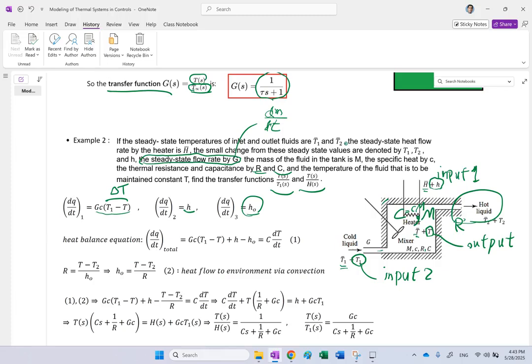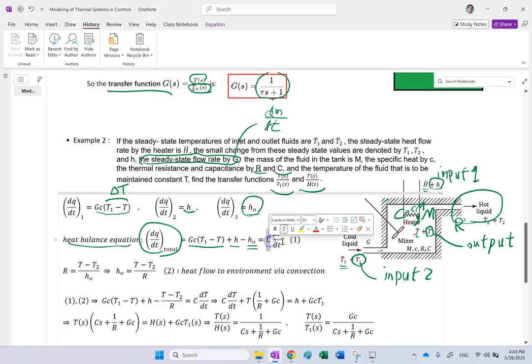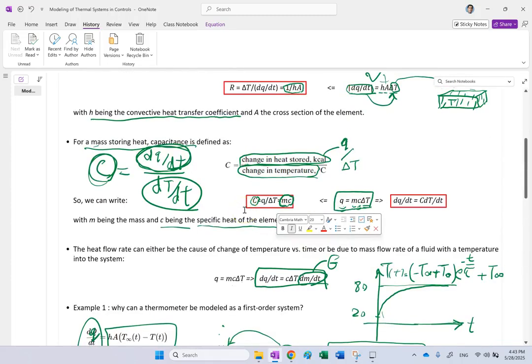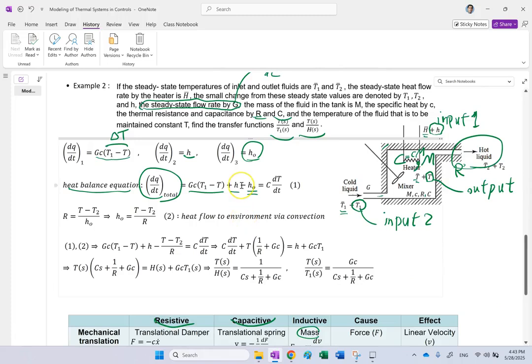So the total heat balance is the two heats in minus the heat out is equal to the total heat flux. And if you remember, the heat flux is equal to the capacitance of the system times the time derivative of temperature. And this is what we had over here by cross multiplying this, and that is exactly what we have down here. So this is my heat balance equation. Again, this term could be negative, and that could count as a negative temperature. It's fine.